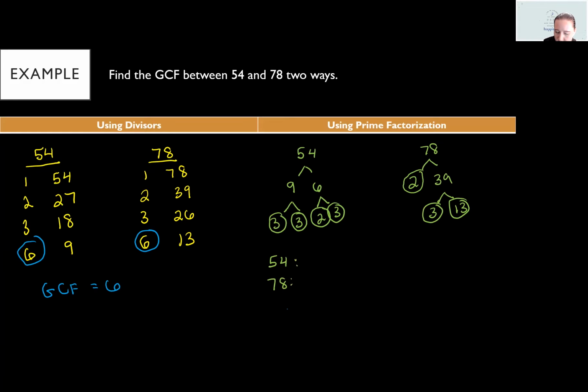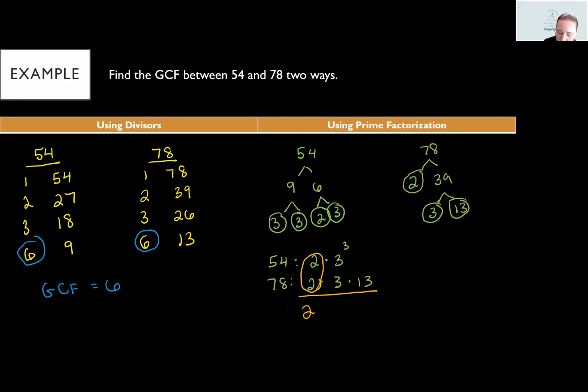So with 54, we've got 1, 2, 3 threes, and we've got a 2. So it's 2 and then 3 to the third. And then with 78, we've got 2 times 3 times 13. So they've got a 2 in common.